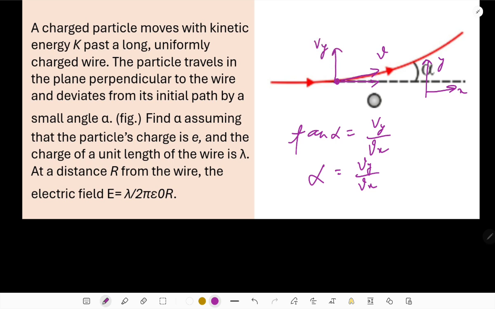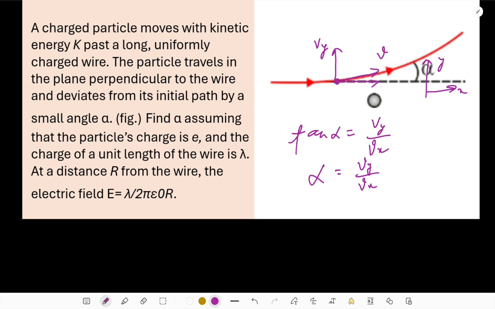I guess that the velocity component vx is obtained from the kinetic energy K, because the particle possessed it before coming under the influence of the wire. And the y component of velocity is acquired by the particle due to the influence of the field produced by the wire.